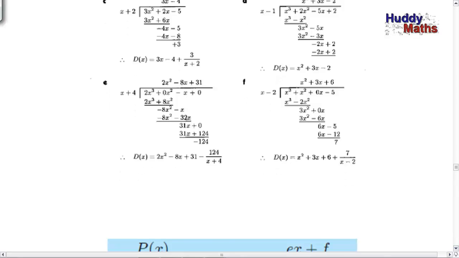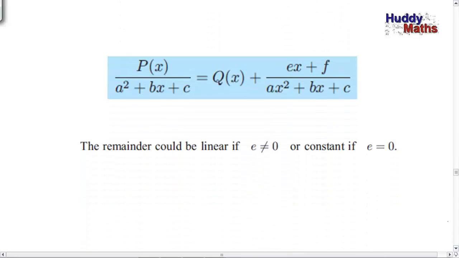Let's have a look at the last thing we want to do here. We'll just do this for a start and talk about degree of the result. So if you have a polynomial divided by a quadratic, now this is not linear, so we've got to try and do the process with many powers there. It'll go a certain number of times, then you'll have a remainder over a quotient.